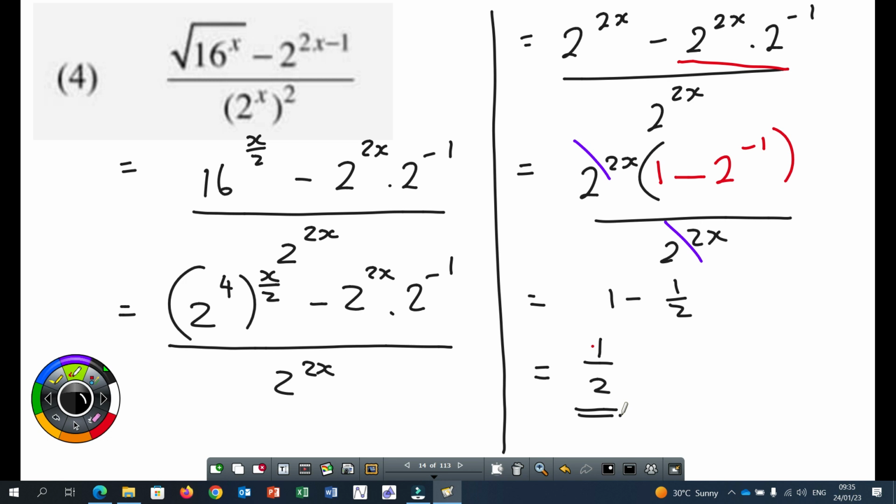No, it's a positive half. It's not negative half. Listen. What is 2 to the power of minus 1? It's a half. And what is 1 minus a half? It's a half.